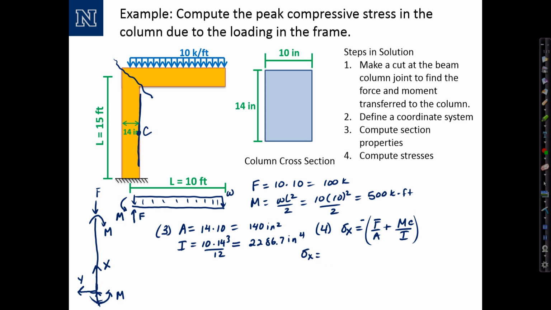Okay? Sigma x equals F over A, 100 kips divided by 140 inches squared, plus the moment, 500 kip feet, times a conversion factor of 12 inches per feet, times c value, the distance to the right side of the column is half of its depth, or 7 inches, and then divided by the moment of inertia, 2286.7 inches to the fourth.